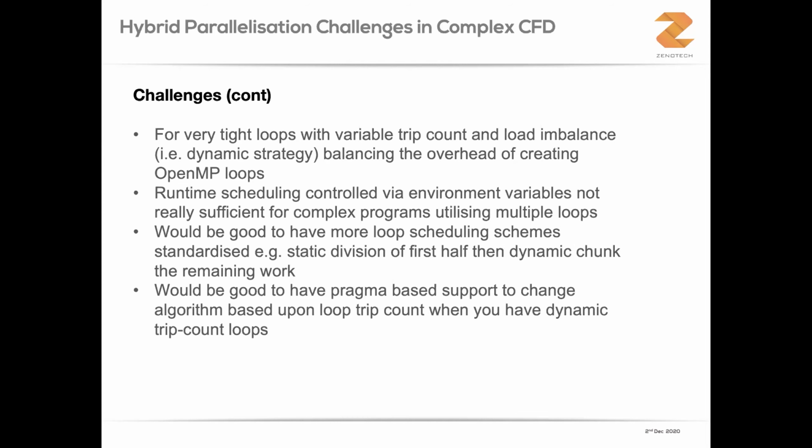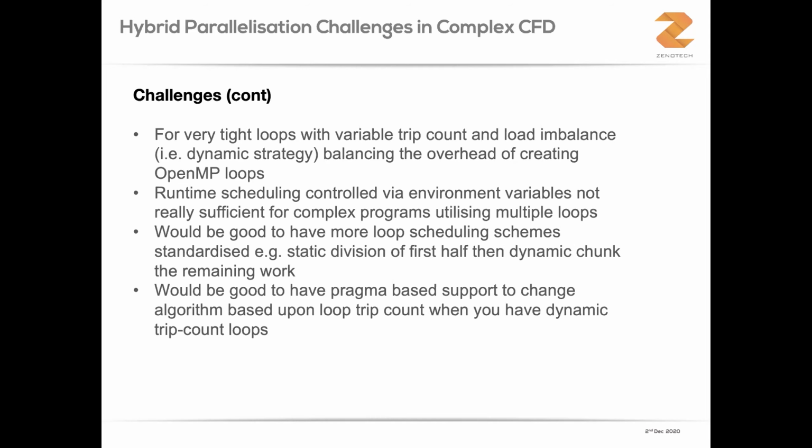So being able to do that dynamically in some way, or having the logic to express that, is something of interest. It would also be good to have pragma-based support to change the algorithms, as I was mentioning, to somehow add more logic. I'm not quite sure how you do that. Whether you can do that externally, or use the pragma to point to some other logic which helps you to decide.